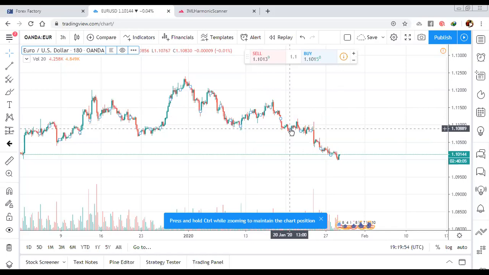Now, in Forex, you need to understand that support and resistance are actually the floor and the roof. Maybe I didn't share this with you yesterday, but in Forex, we buy at the floor and we sell at the ceiling.